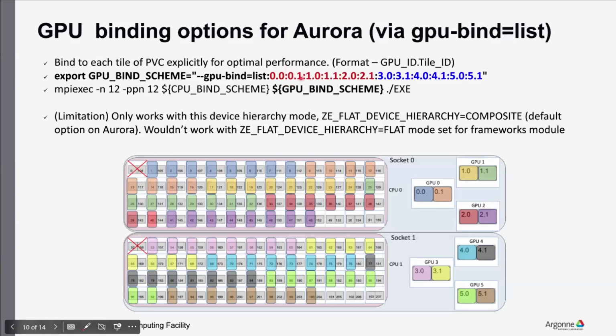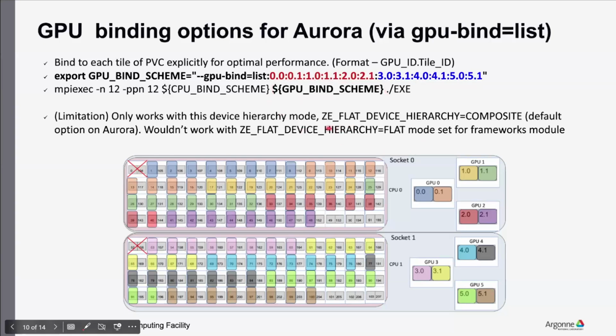So that'll bind rank 1 to the GPU 0 tile 1, then colon GPU 1 and tile 0. That'll bind the next rank, and so on and so forth. And then you would just insert that command line argument into your MPI exec command.